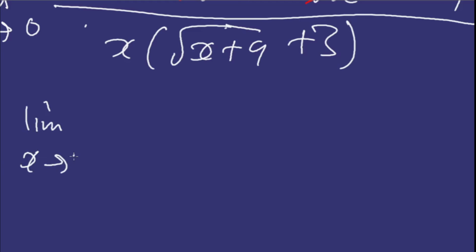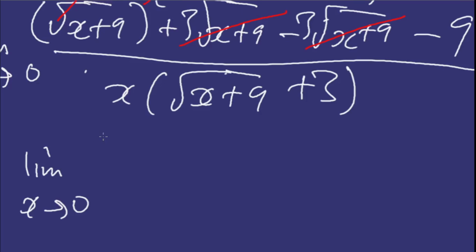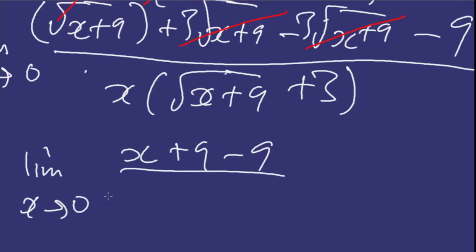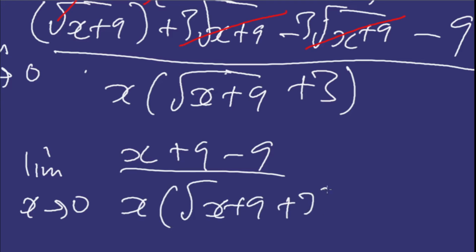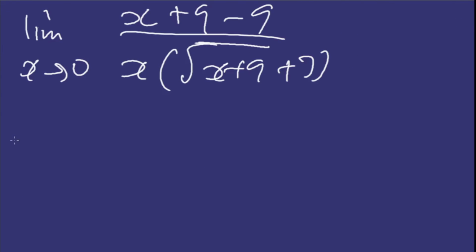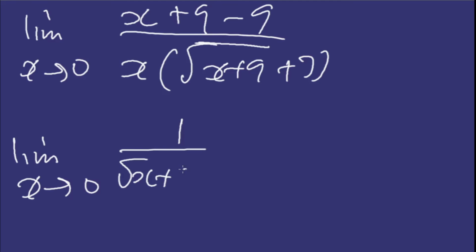The limit as x goes to 0, what remains is x plus 9 minus 9, divided by this whole thing. The square root is only for x plus 9. You continue, because that will give you 0, and x can also cancel, so it will give you 1 over this thing.